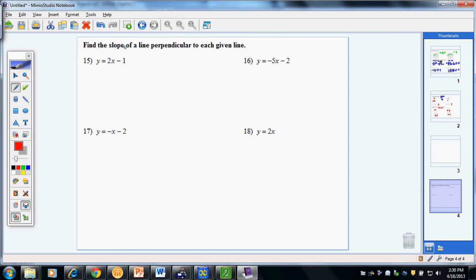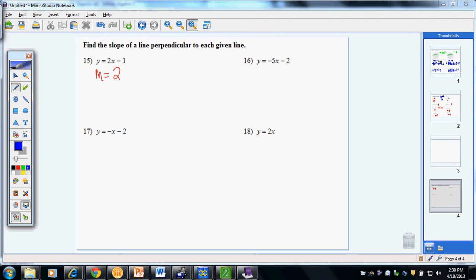And the last one, we're going to find the slope of a line perpendicular to the given line. If our slope is equal to 2, any line that is perpendicular to it has a slope where we take the reciprocal and change the sign.